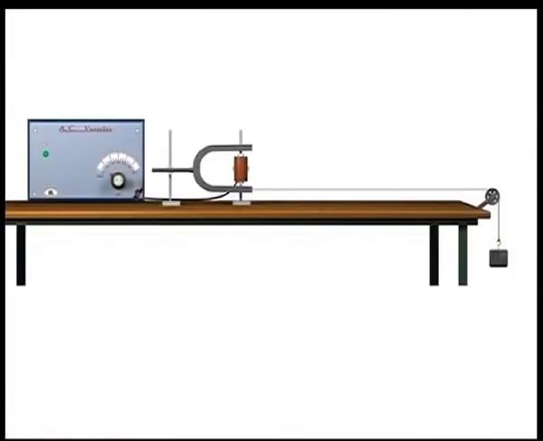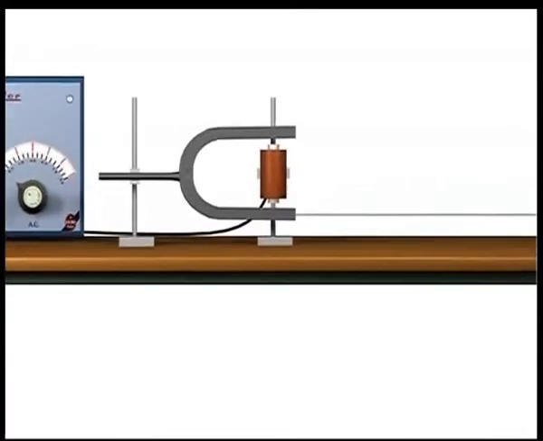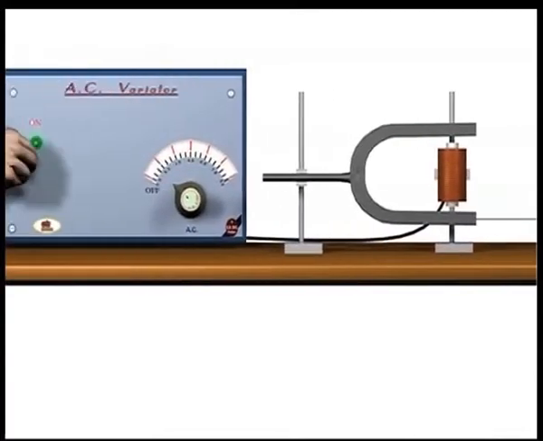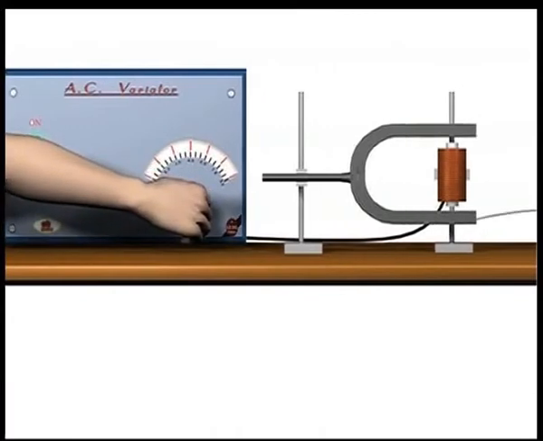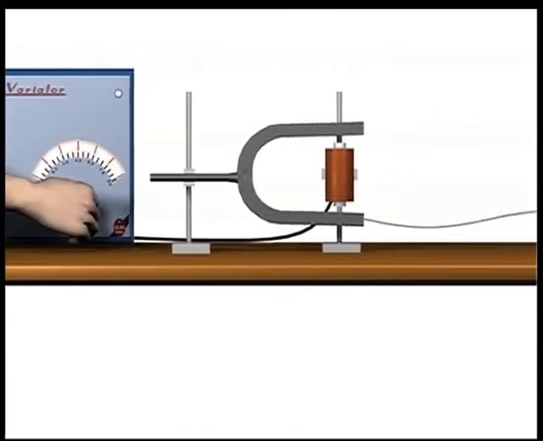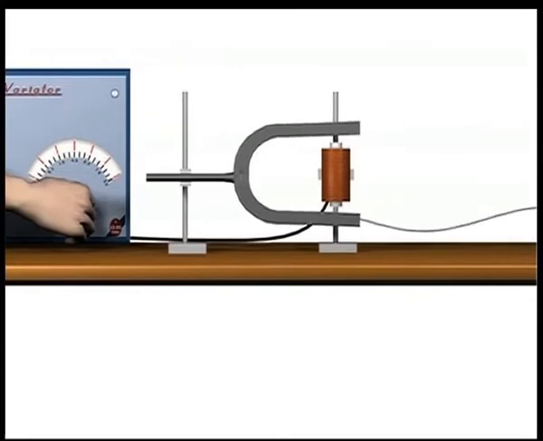Here you can see a tuning fork is horizontally taken along with an electromagnet attached to an alternating source. When the source is switched on, you can see the fork start oscillating, and the arms of the tuning fork will vibrate in the direction normal to their length.